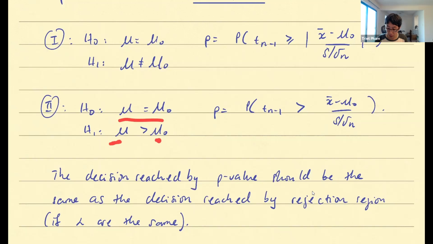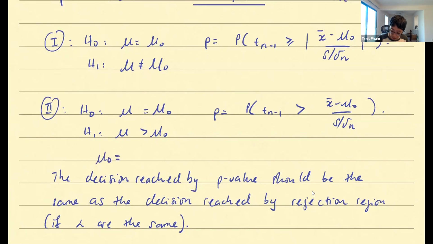So X bar is the stand-in for your mu naught. Let's be concrete. Let's say your mu naught is 2. Let's suppose that your S over root n is equal to 1 for some reason, so we don't have to divide it. Let's say your X bar is equal to 4.